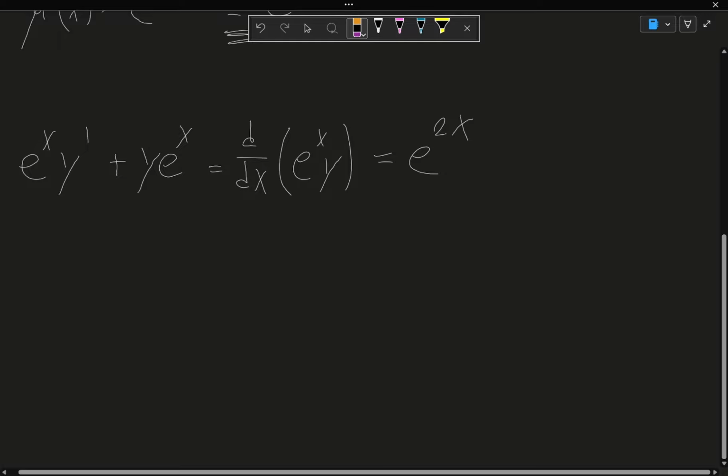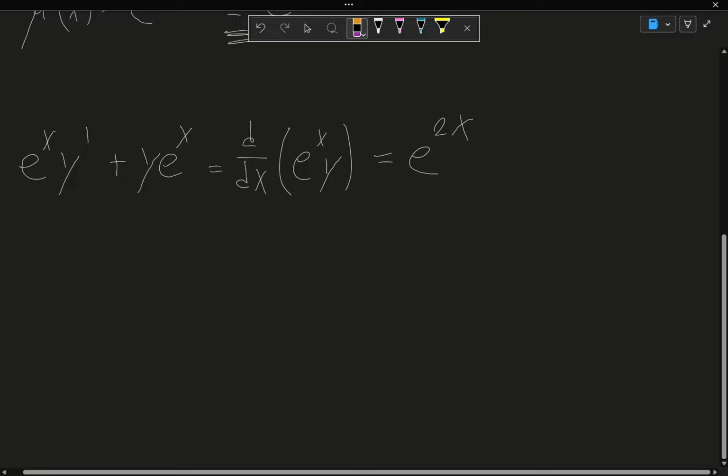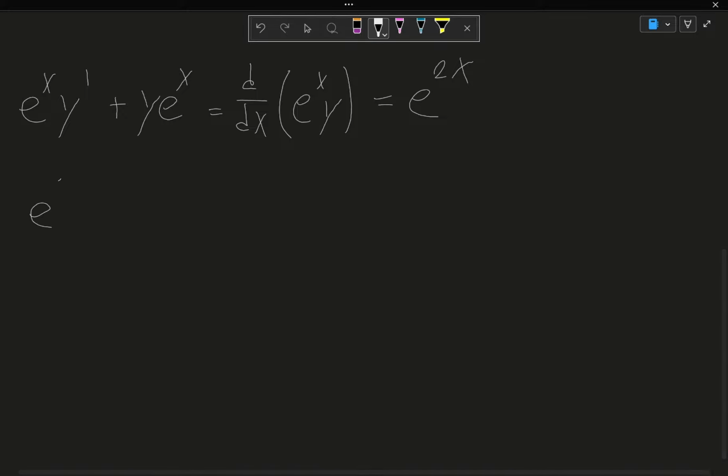Note that right here in this expression, we can just pull out the e to the x, and if you look at this right here and with the rules to differentiate our functions, we get that those are the same functions. If we just plug everything in, we have that e to the x y is equal to 1/2 e to the 2x plus c.